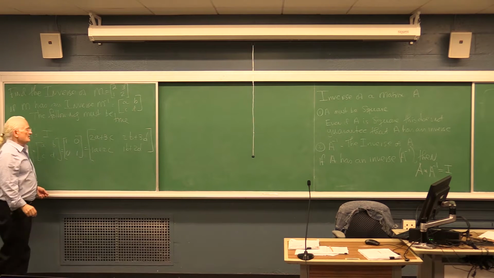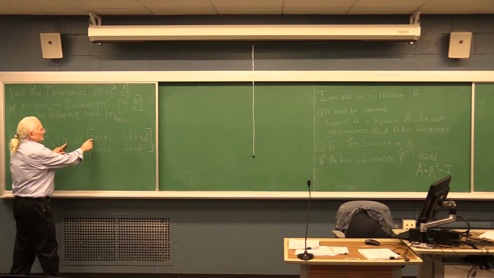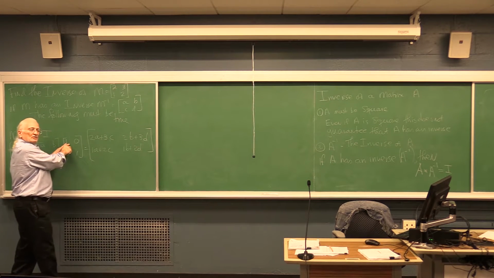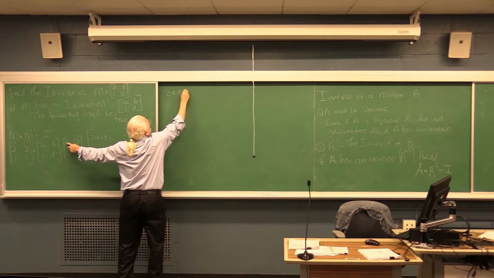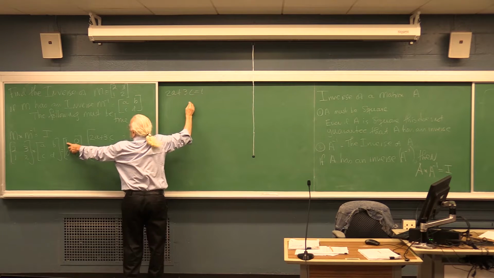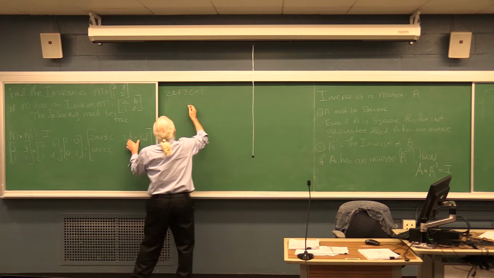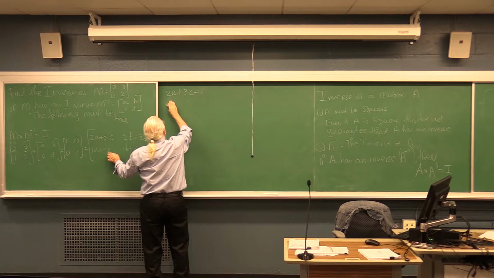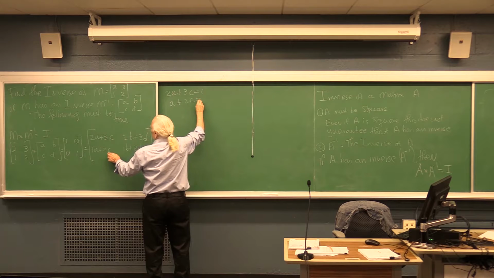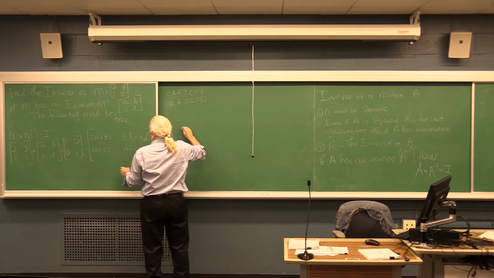Right? You see that, right? So that means 2A plus 3C must be equal to 1. And 1A, so A plus 2C must be equal to 0.